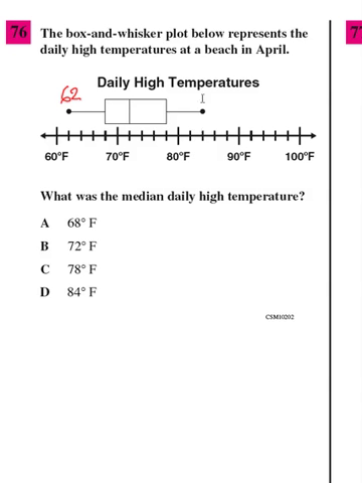The highest temperature was 84. The lower median is 68. The upper median is 78. And the median of the whole set of data is 72. The answer is B.